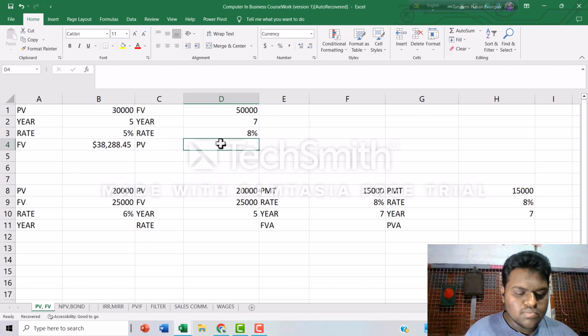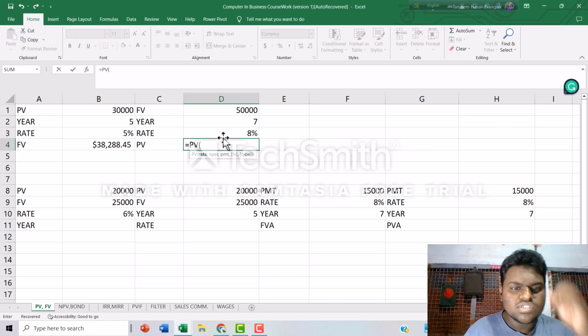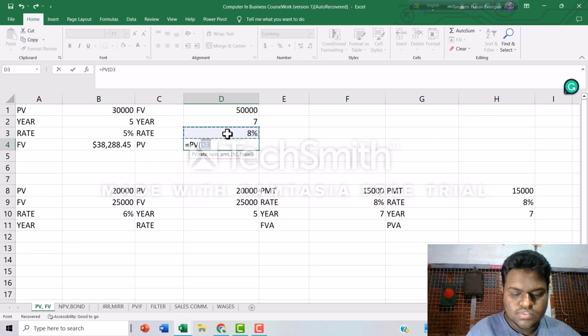In the same way, we are going to calculate the present value. The formula again is equal to PV. We are required to put the rate first, so the rate is 8% for this. Then Nper means the duration of the year.